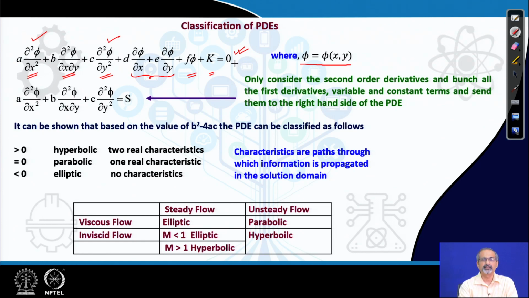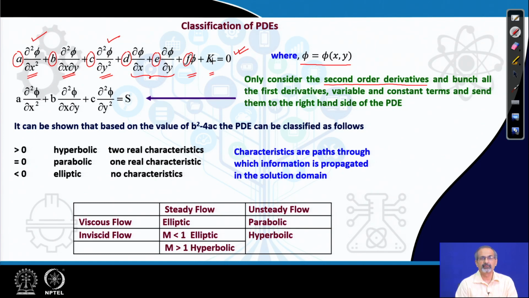When we classify this partial differential equation into one of those three categories, the first important thing to keep in mind is that we only consider the second order derivatives. There are coefficients associated with each of those terms, whether second order derivative, first order derivative or the phi term.